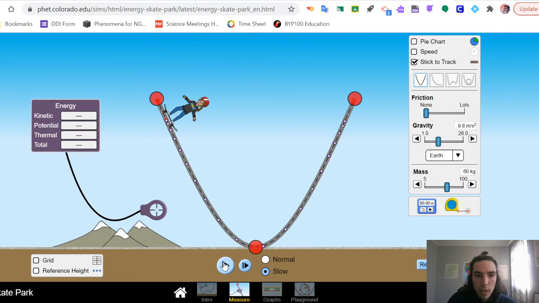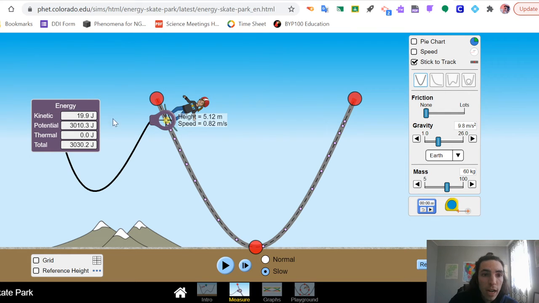So let's pause this. Up here, this skateboarder has a total of 3030.2 joules, and we'll remember that number. They have no thermal energy, since I haven't turned friction on yet. And they have a whole lot of potential and a little bit of kinetic energy.